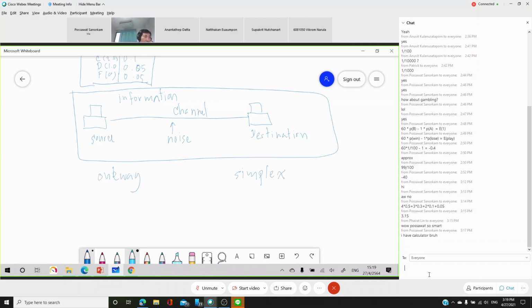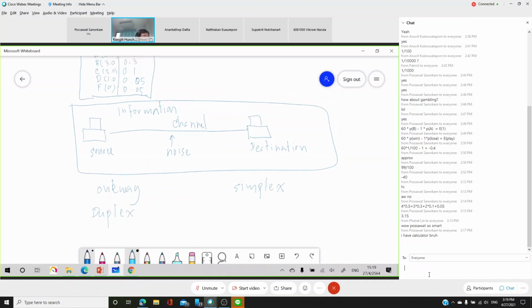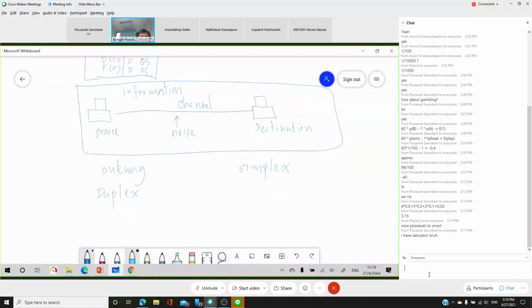If it's two-way communication, we call it duplex, and there are two types of duplex. One type we call half duplex.